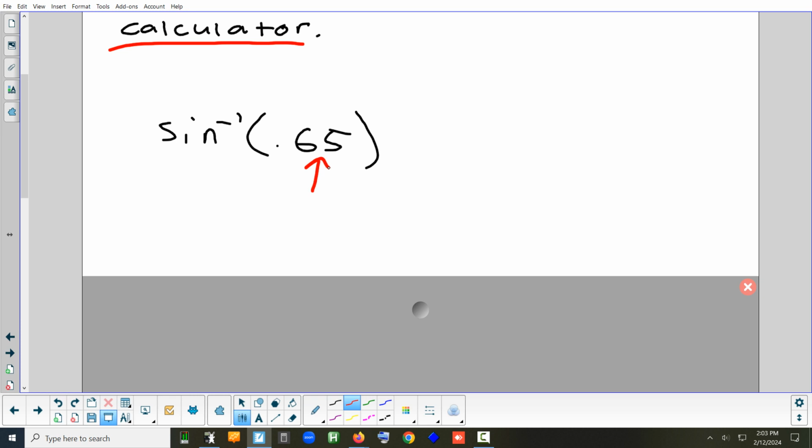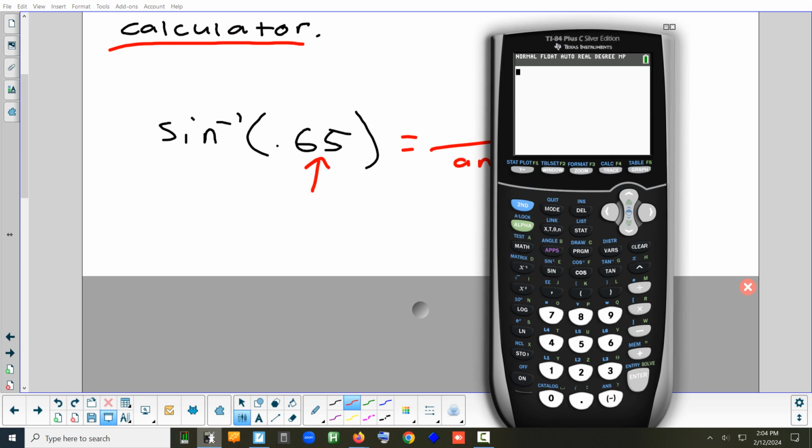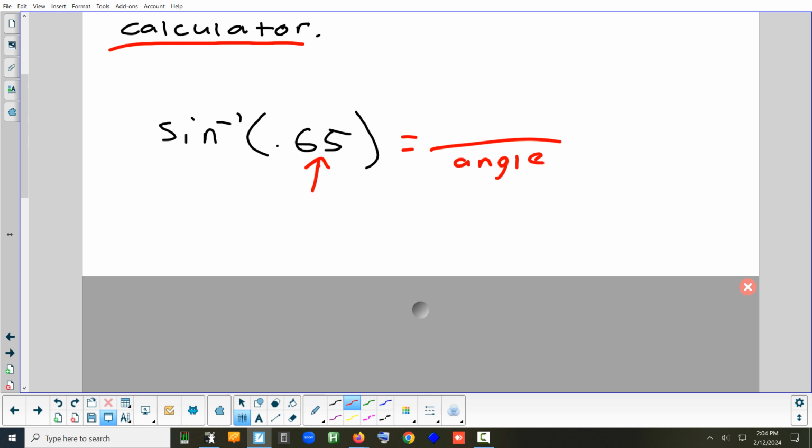That number, it's just a number. The answer that you get, that is the angle. So you have to decide beforehand, do you want your angle in radians or degrees? And you need to set your mode. But this 0.65 is not an angle. You're figuring out the angle.